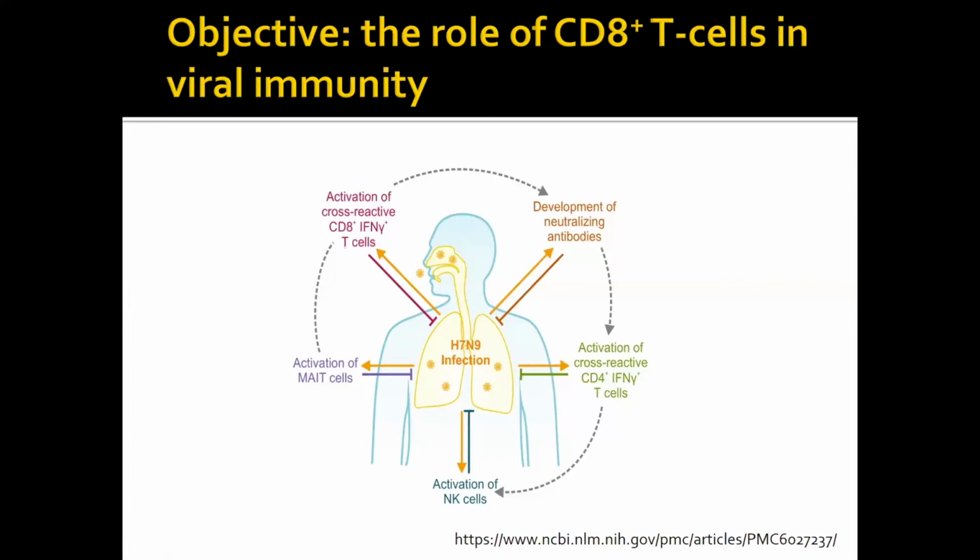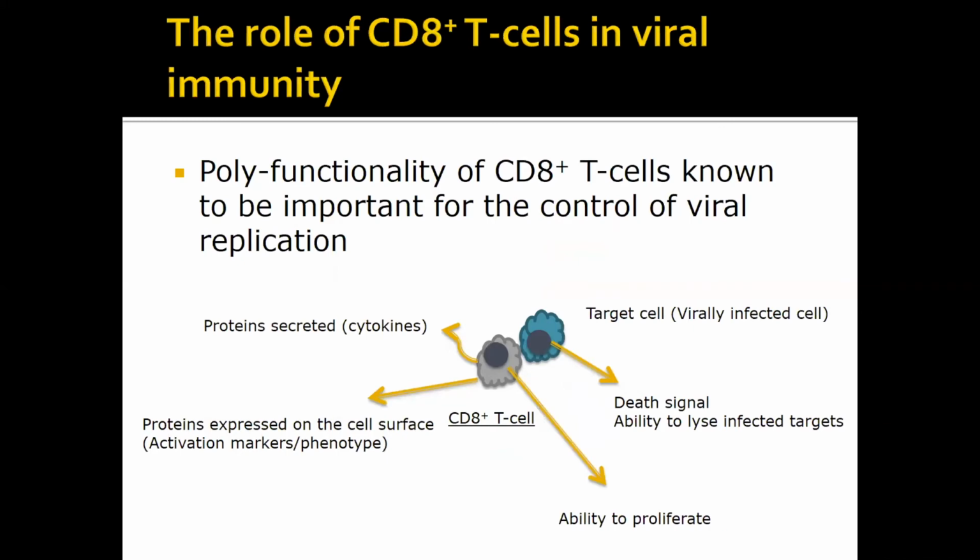And so we as a lab are very interested in this question of how do you map T-cell responses from convalescing patients and how do you use this to make better vaccines. And so if you look at data from influenza and certainly a ton of information from HIV, it's been shown over and over again that polyfunctional CD8 T cells are an important correlative controlling viral replication.